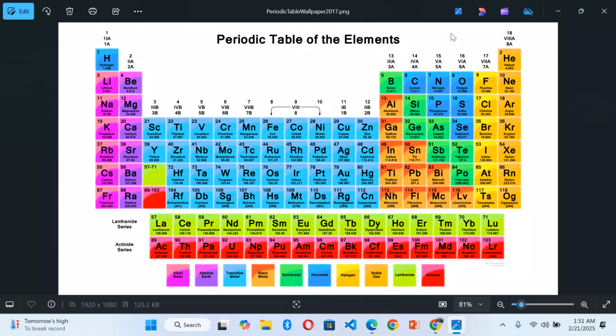This periodic table gives us the molar mass of a given element, and also the atomic number. But in this case, we are looking at molar mass. On this periodic table, you have boron.